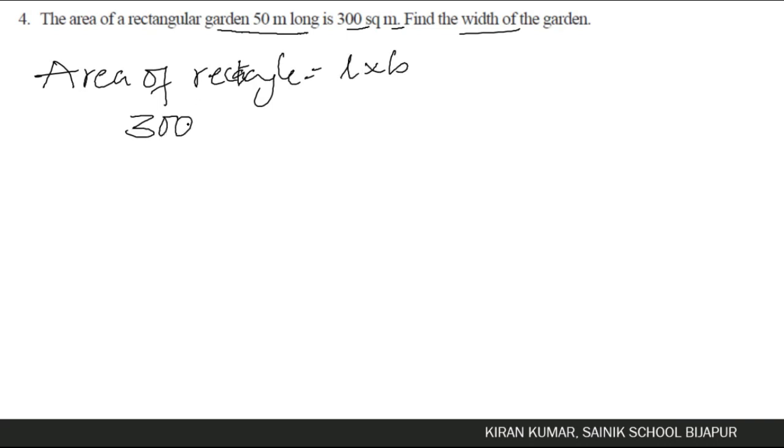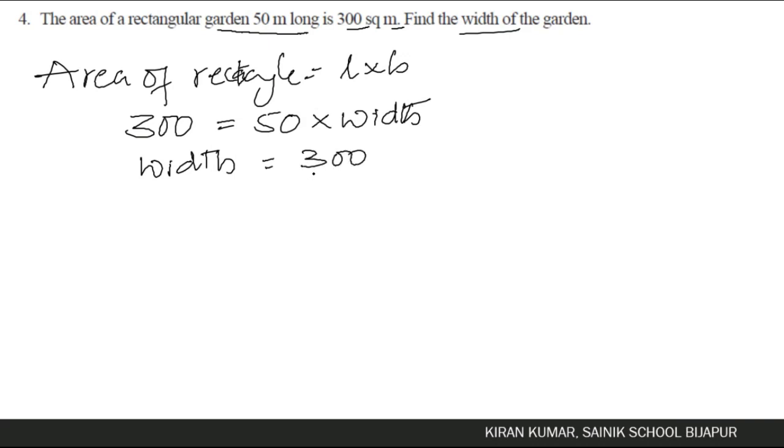Area is given as 300 square meter and the length is 50, so I need to find the width. So width will be equal to 300 upon 50, which becomes 6 meters. So the width of the garden is 6 meters.